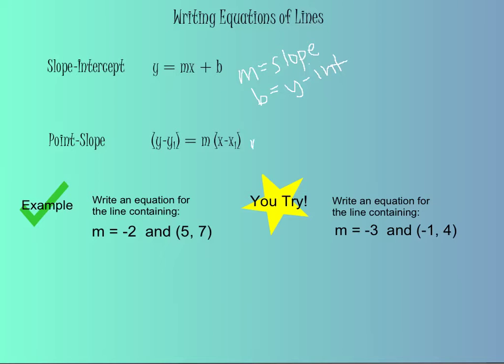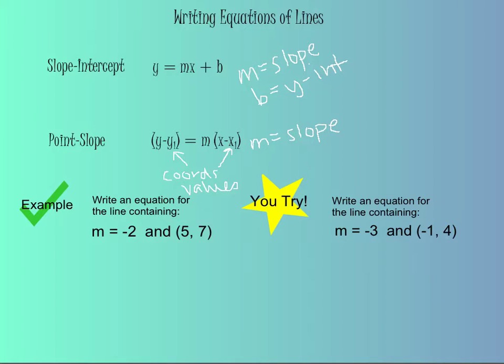Again, in point-slope, m still represents your slope, but now you've got y1 and x1, those are your coordinate values. So if they give you a coordinate, I would plug those values in where I see x1 and y1.